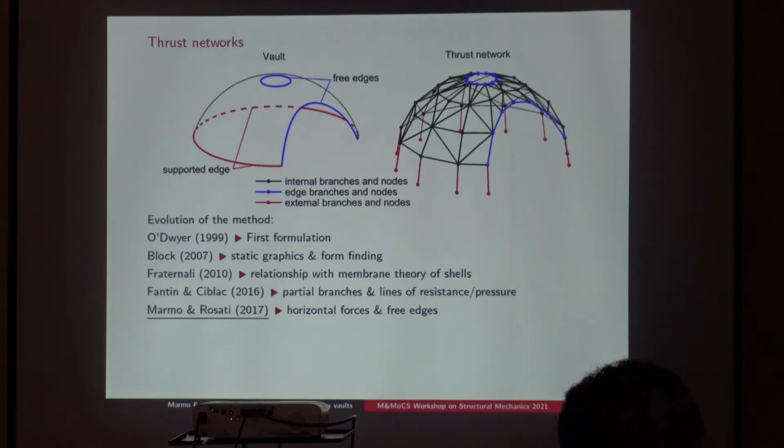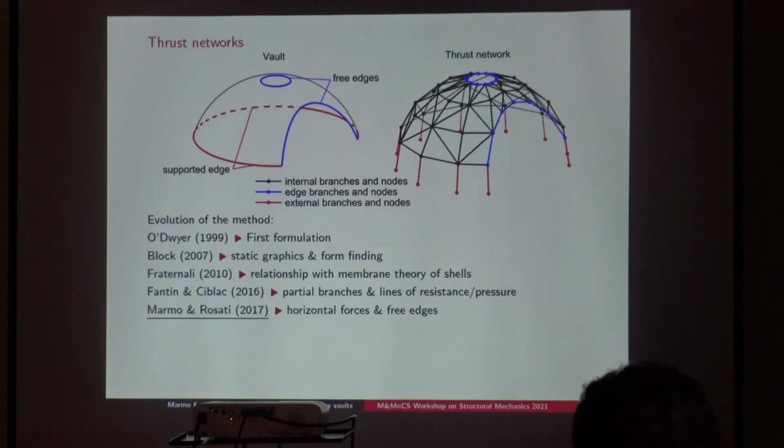So usually for a vault, which is much more complex than a simple arch, we are looking for a surface that is funicular of applied loads that is fully contained within the thickness of the structure. And this surface, of course, has an internal part and a boundary.